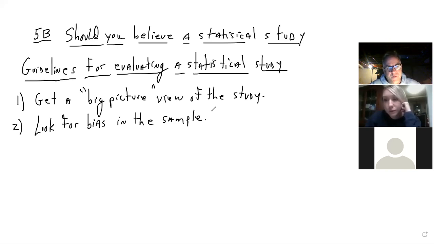We looked at different types of sampling methods: simple random sampling, stratified, convenience, and systematic. Those were the four types that we considered. But at the end of the day, what do we want the sample to do? Is it representative of the population? So we want to know what the sampling method was, and whether it would likely produce a representative sample. That's the next thing we want to analyze.